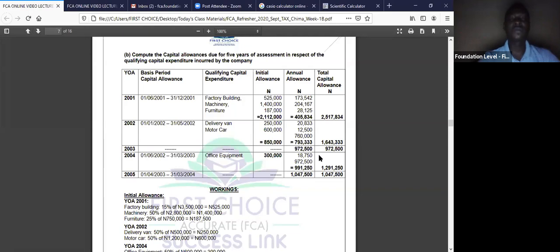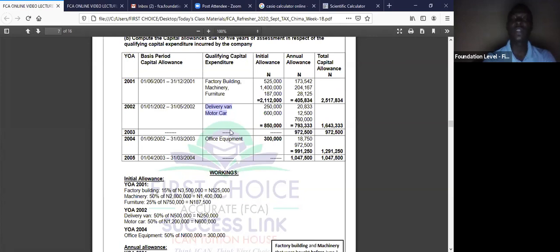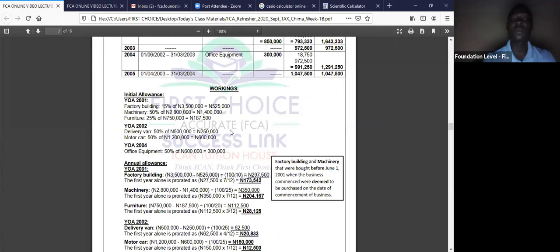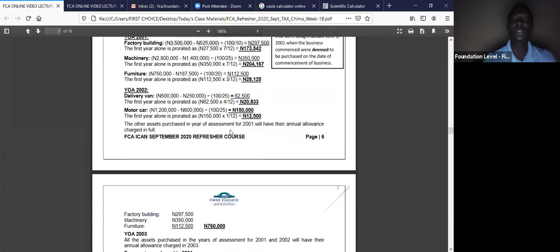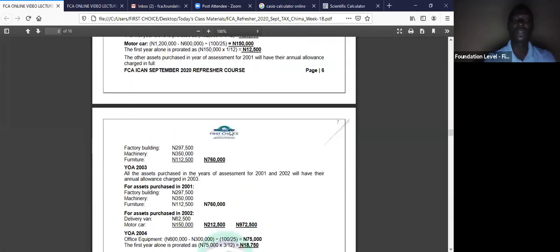Now for the year 2005, there is no asset that was bought. So there will be no initial allowance, but there will be annual allowance. All this factory building and all stuff will have their full allowance of 760. Motor van, delivery van, we all have their full annual allowance as we calculated the other time, which is 212,500.